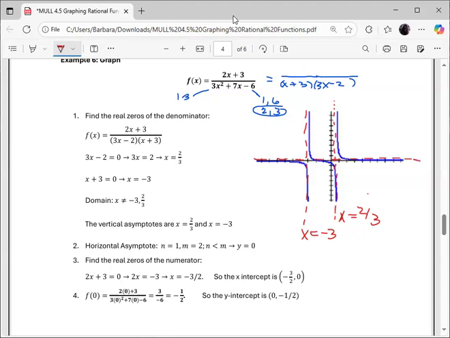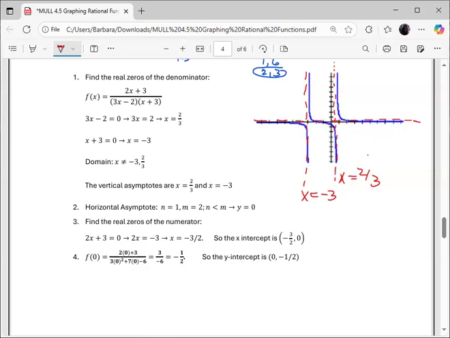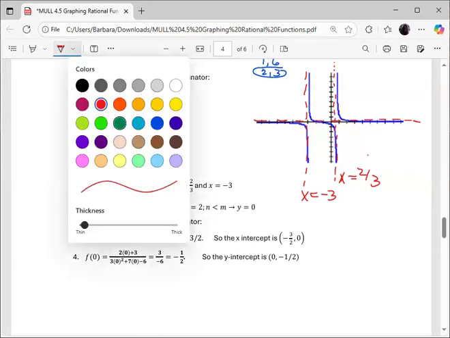So now we're going to find the zeros of the function to see where it crosses the x-axis. We get the numerator, set equal to 0. So 2x plus 3 equals 0. Solve for x, and we get -3/2. So I'm going to go ahead and plot that point on my graph. That's -1, that's -2, so it's in between that.